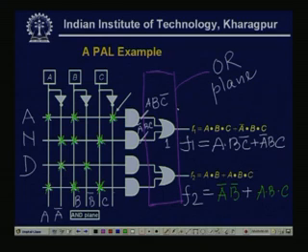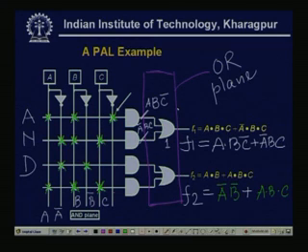If the number of minterms in the function is more than 2, then it is not possible to realize it by this PAL structure.